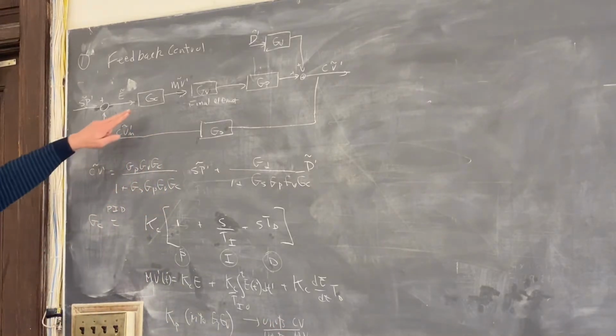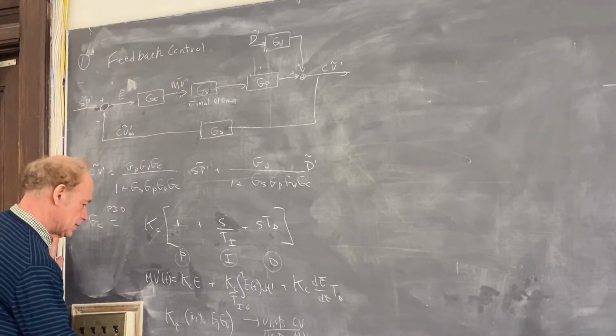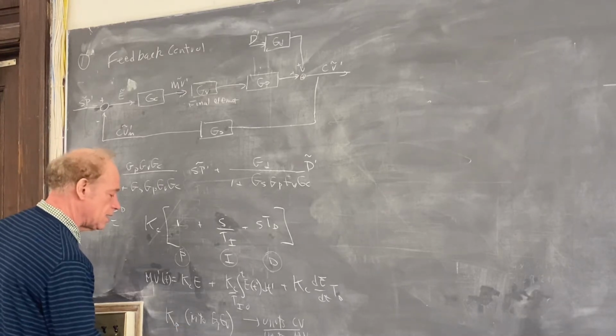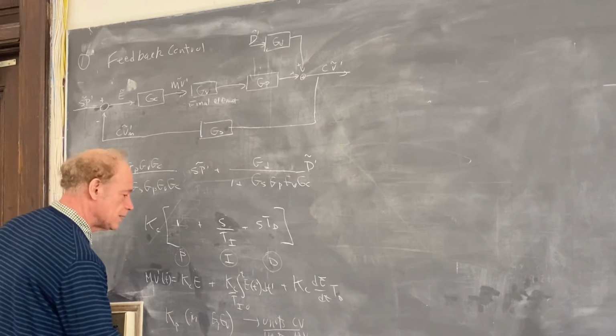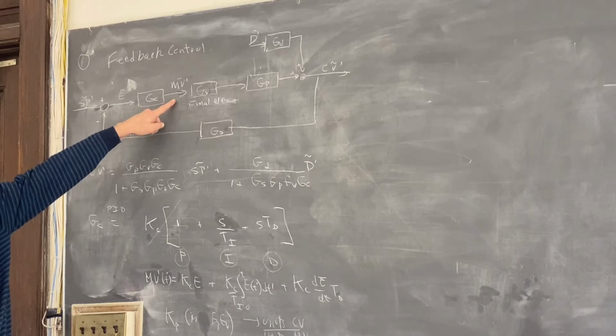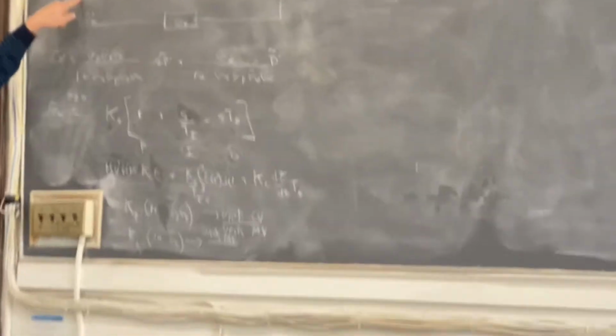Let's notice that GC also has a K in it, KC. That's in GC. And let's just notice that the output, it's the units of manipulated variable divided by the units of the error.